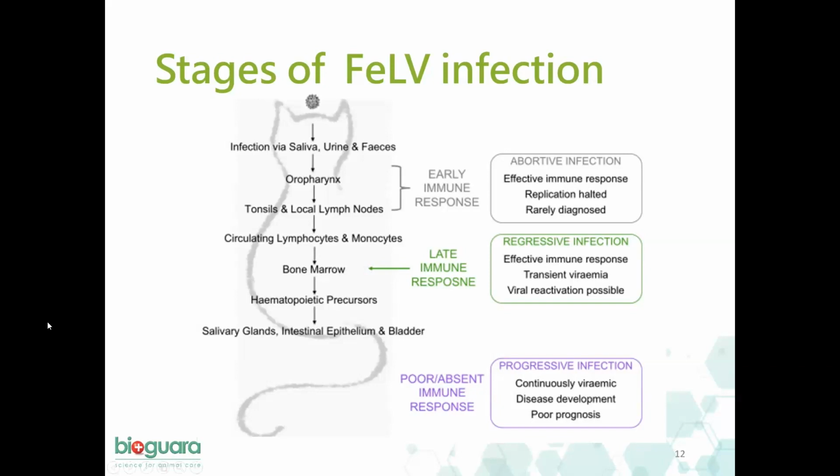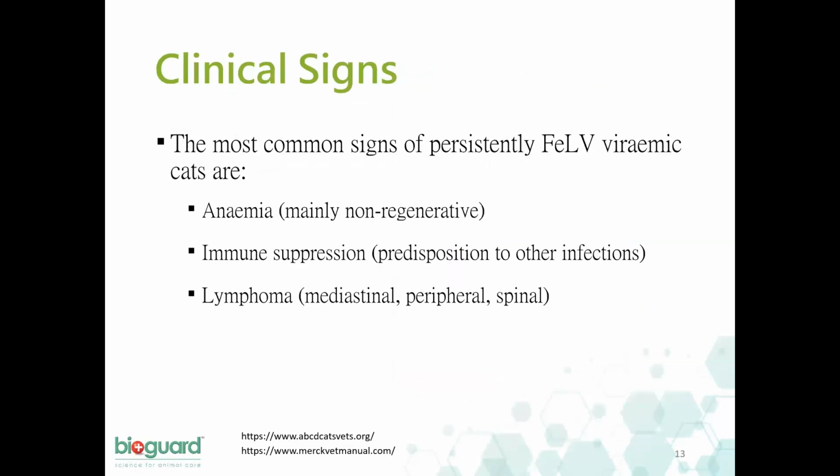So what are the most common clinical signs for persistently FeLV viremic cats? So first is anemia, immune suppression, predisposition to other infections, and lymphoma.